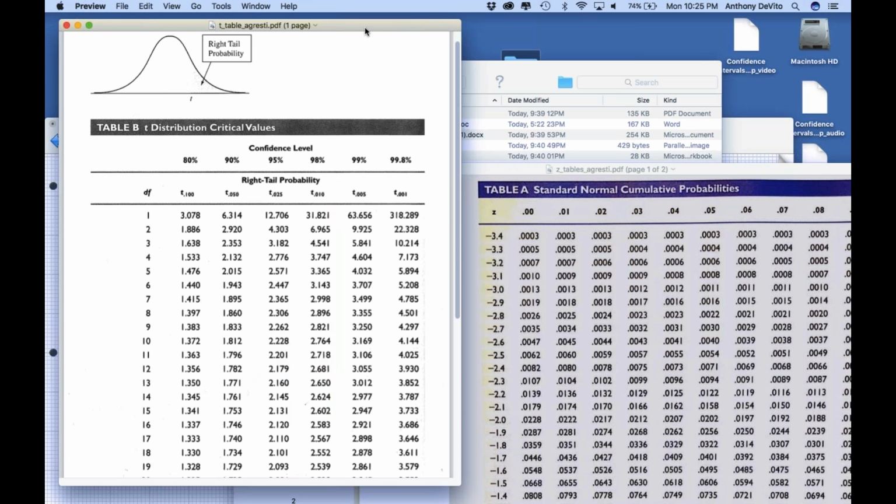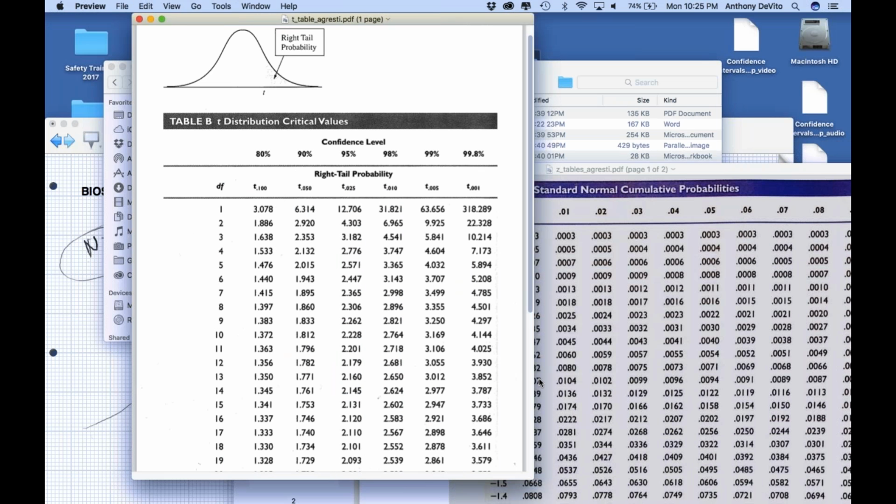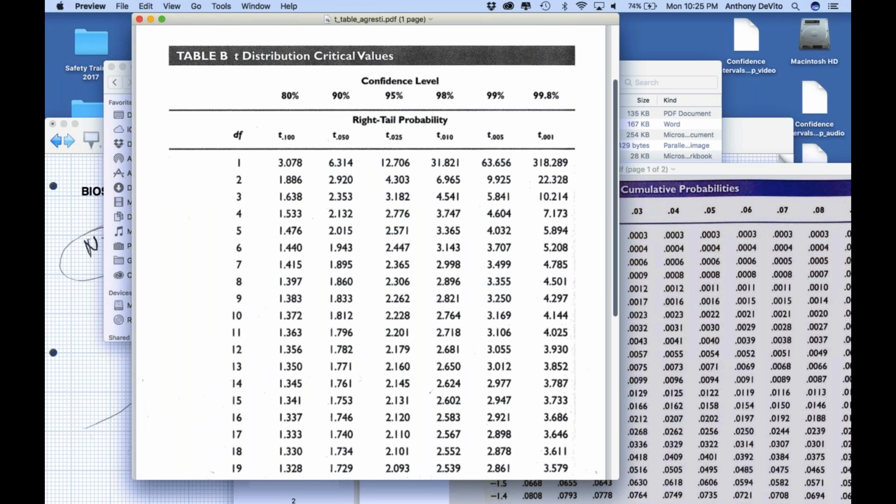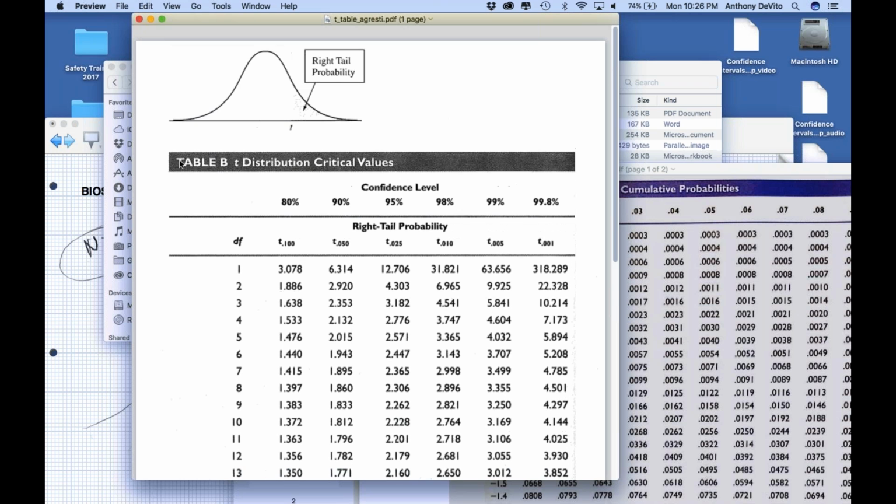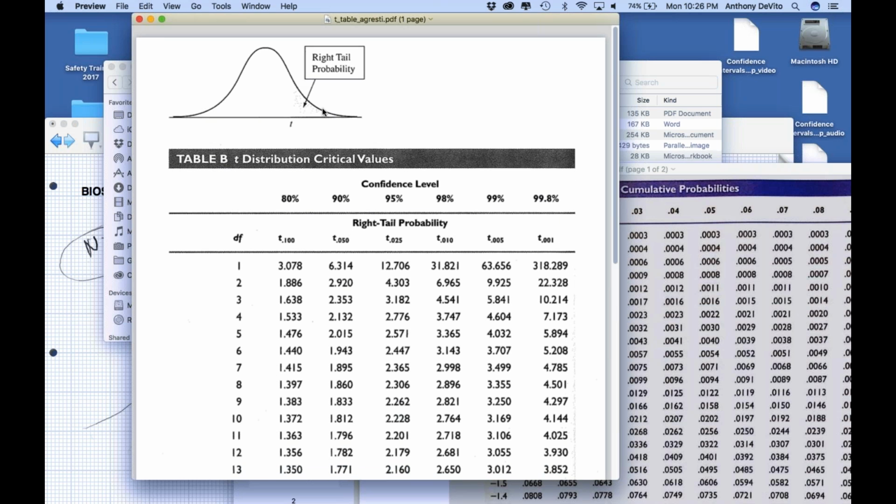Okay, let's take a look at this t table. In this t table, you'll notice our 95% confidence interval, in other words, the percentage of outcomes that we would expect within a 2.5% tail at the bottom of the distribution and a 2.5% tail at the top of the distribution.